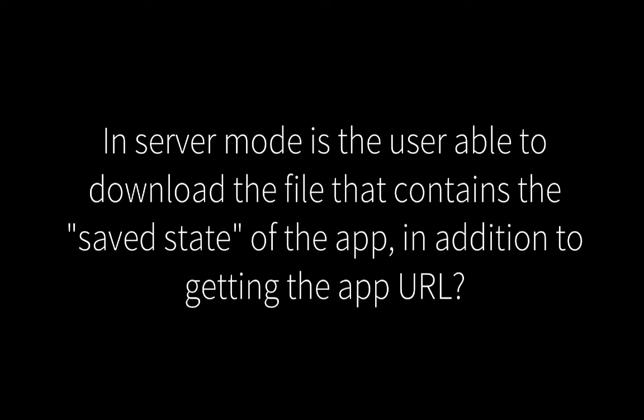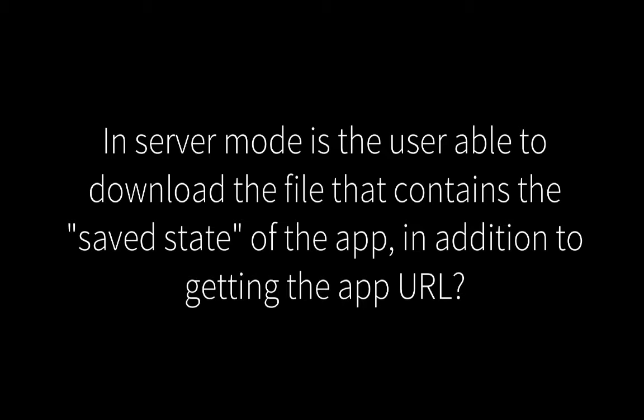In this save-to-server mode, is the user able to download the file that contains the saved state of the application in addition to getting the app URL? I believe this is technically possible, because the state does include the directory where all these files are stored.